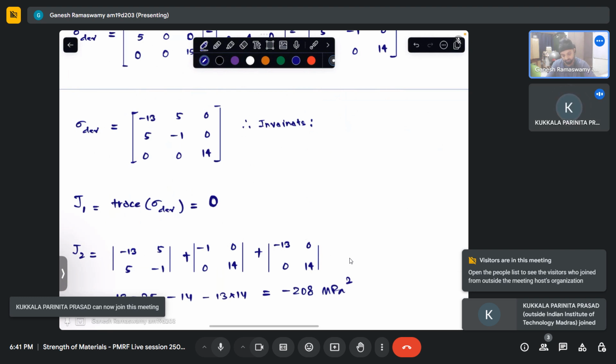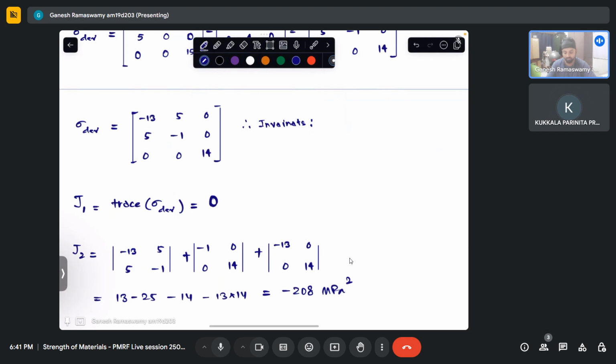So I have the determinant for this case.